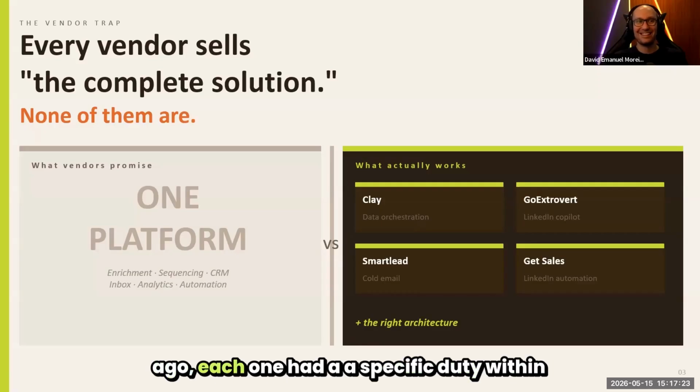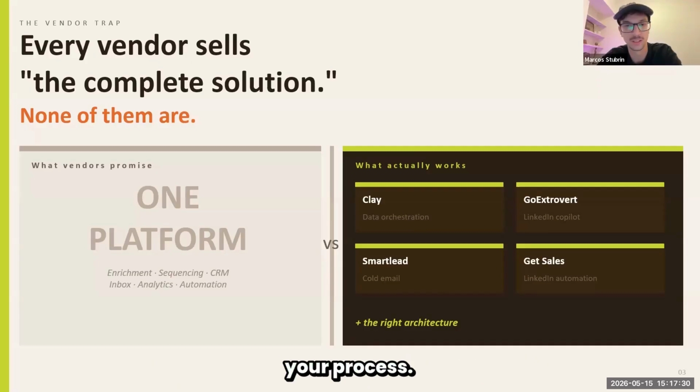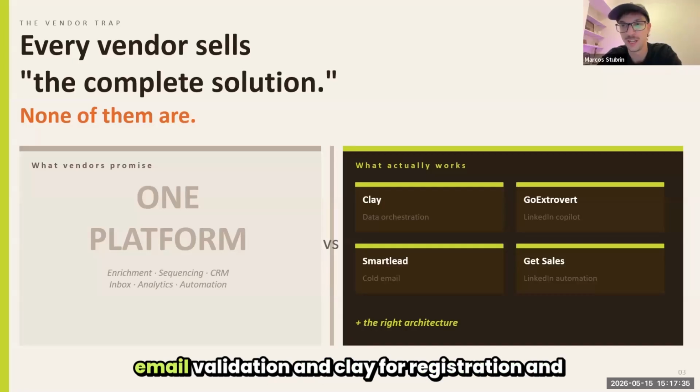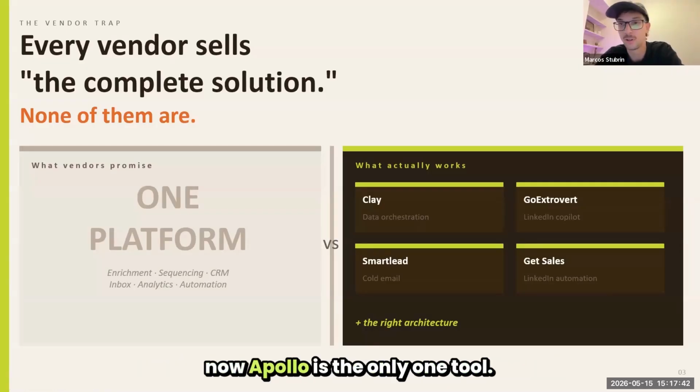A year ago, each one had a specific duty within your process. For example, Apollo for data, Prospeo for email validation, Clay for orchestration, and Smartlead for sequencing. Now Apollo is the all-in-one tool. Prospeo is the all-in-one tool.